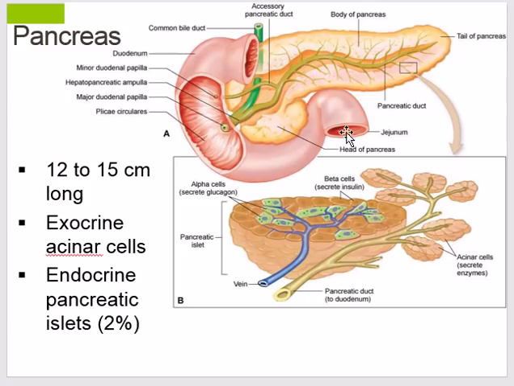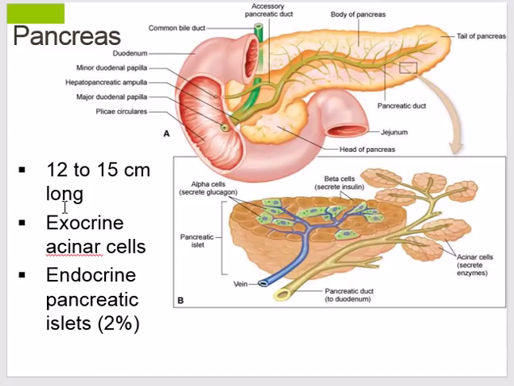The pancreas is a bit larger than the gallbladder at about 12 to 15 centimeters long. The pancreas is an interesting gland because it has both exocrine and endocrine functions, so it makes it a very unique organ. Digestive enzymes involved in digestion are produced within the exocrine acinar cells. These digestive enzymes from our exocrine acinar cells are going to enter the digestive tract.